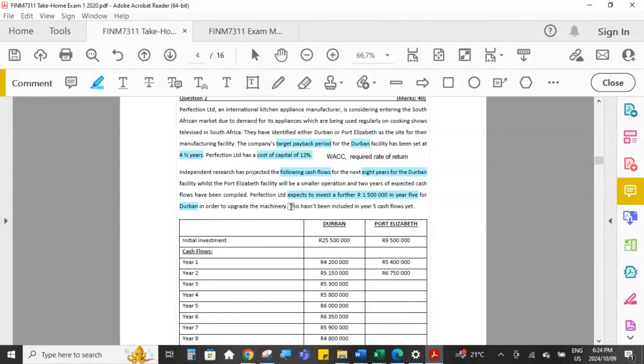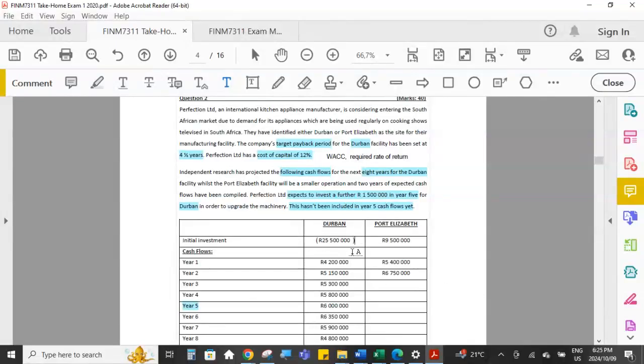And then important bit of information, in other words, this extra outlay that we've got to make in year 5 has not yet been included in our cash flows. So that means we still need to adjust year 5's cash flow. So they should have also put this in here. Our initial investment is always a cash outflow. So I'm just going to put brackets around that so that that's clear to you.